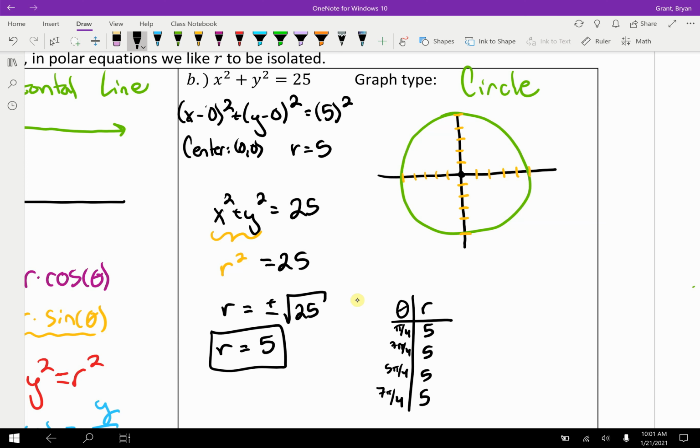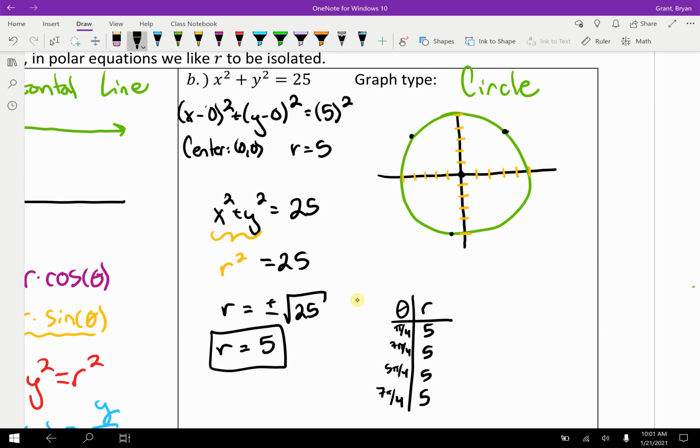So we turn pi over 4, that's right about here, and then we extend out a radius of 5, and we put a point at the end. And then we do the same thing for 3 pi over 4, so we turn over to 3 pi over 4, we extend out a length of 5, put a point on the end. So really, by the fact we can choose anything for theta, it lets us rotate as far as we want, and whatever you pick for theta, you stop there, you go out a length of 5, and put a point that will land on the circle.